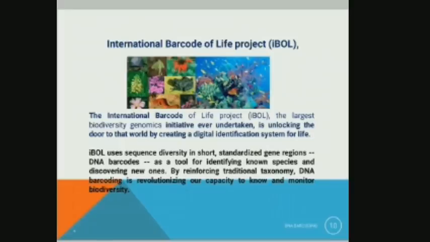When we want to do this kind of barcoding research, considering the huge biodiversity, a consortium mode approach has been put in place, because in different locations and regions of the globe, people are working on the same group of organisms.